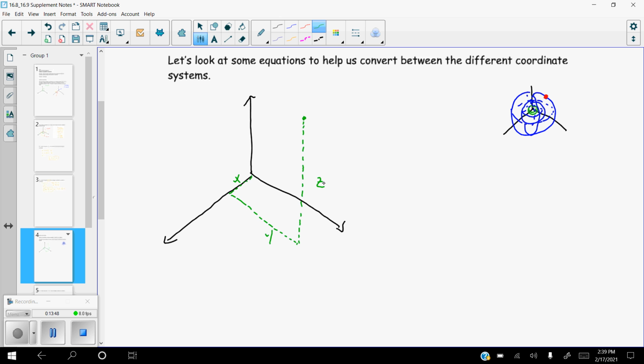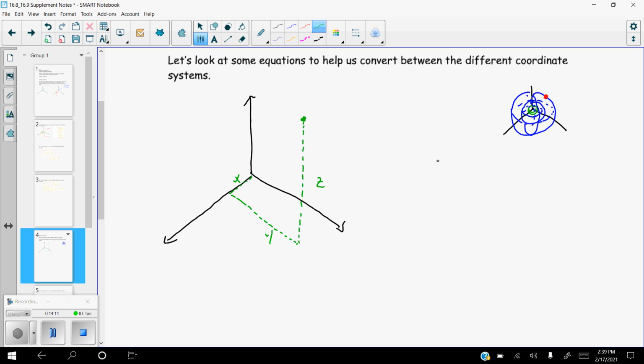If we do this using a sphere, you need to think about the sphere that I can draw which is centered at the origin, and the outside of the sphere will hit that point that I put at the top. There's a certain size of sphere that gets there.